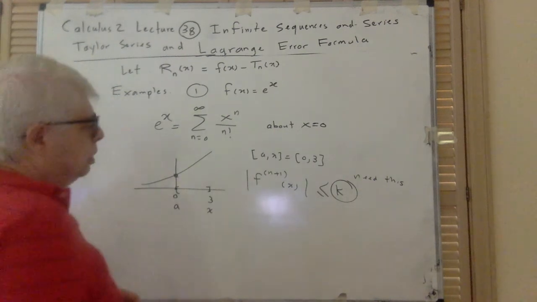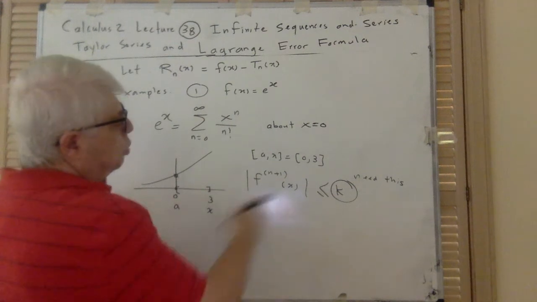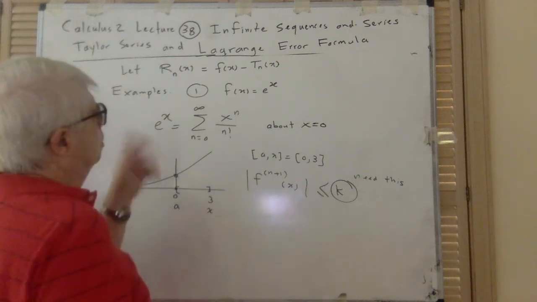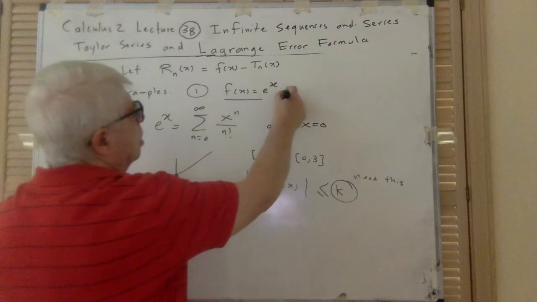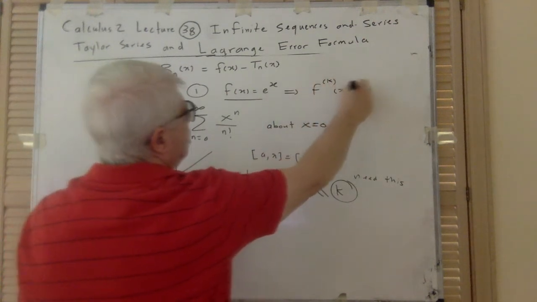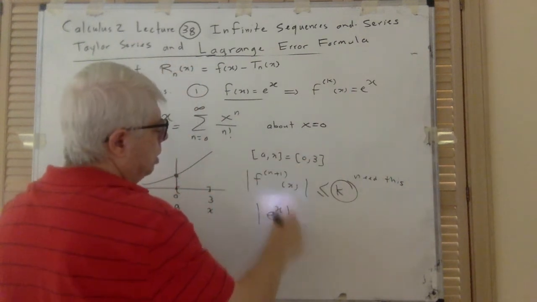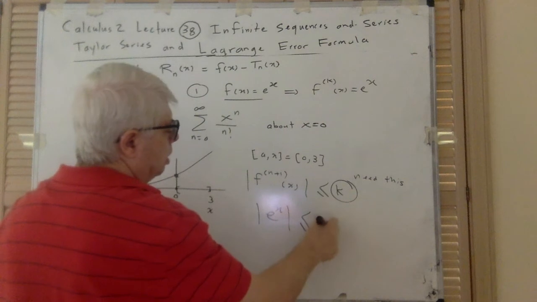So what do you think? The f n plus 1 of x is what? Any derivative of this is e to the power x, right? So I need this, e to the power x less than k.